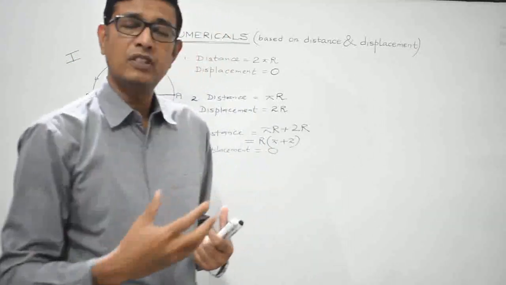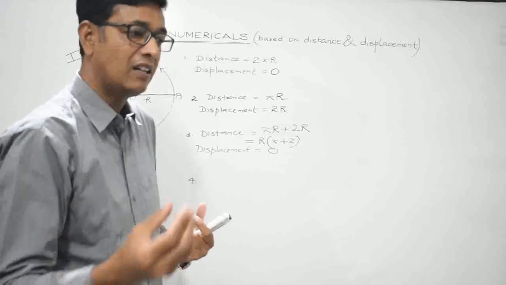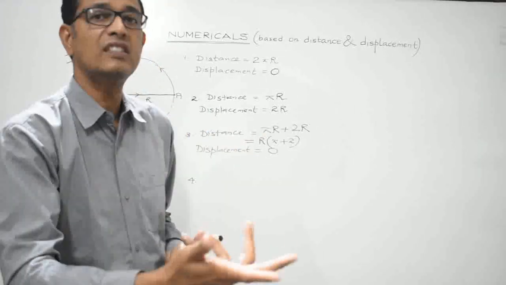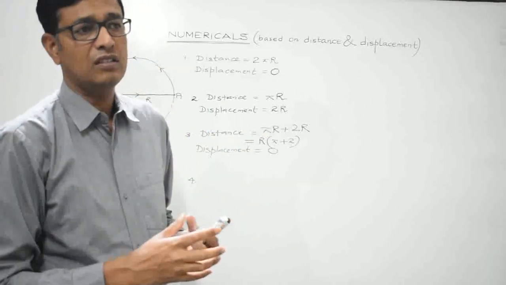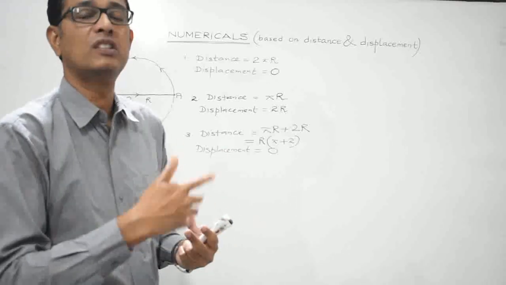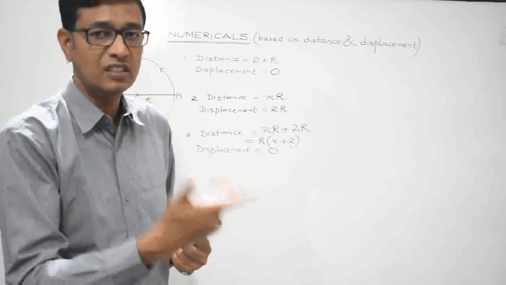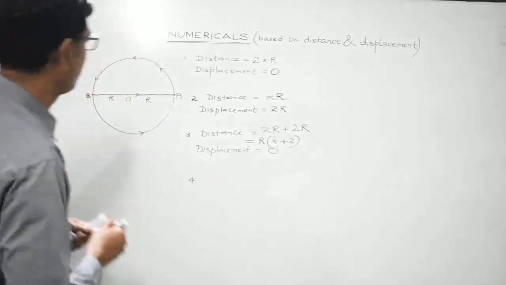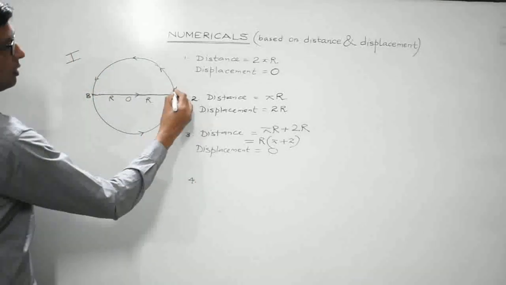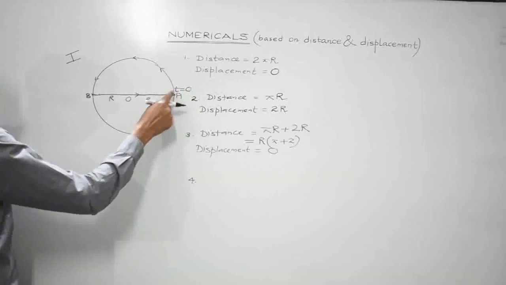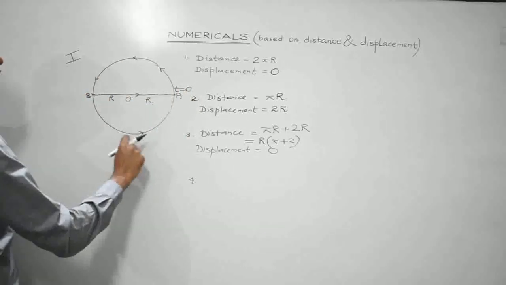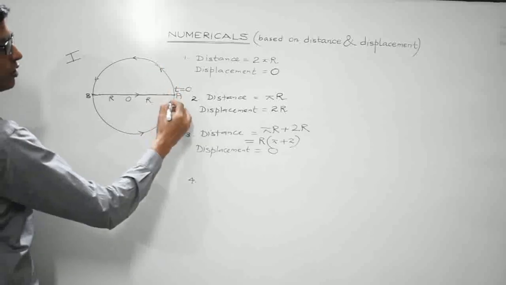Our objective is to find out the distance and displacement at different instants of time. Say after t equals 10 seconds, what will be the distance and displacement? After t equals 80 seconds, what will be the distance and displacement? So let's do it. Suppose the athlete starts from point A and is able to complete the circular path, one revolution, in 40 seconds.